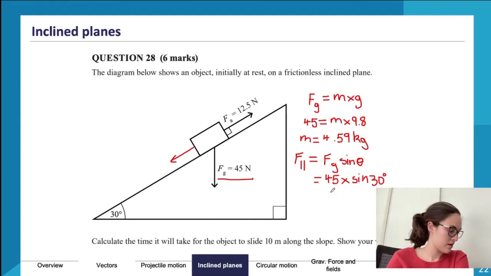And then we end up with 22.5 newtons for that.